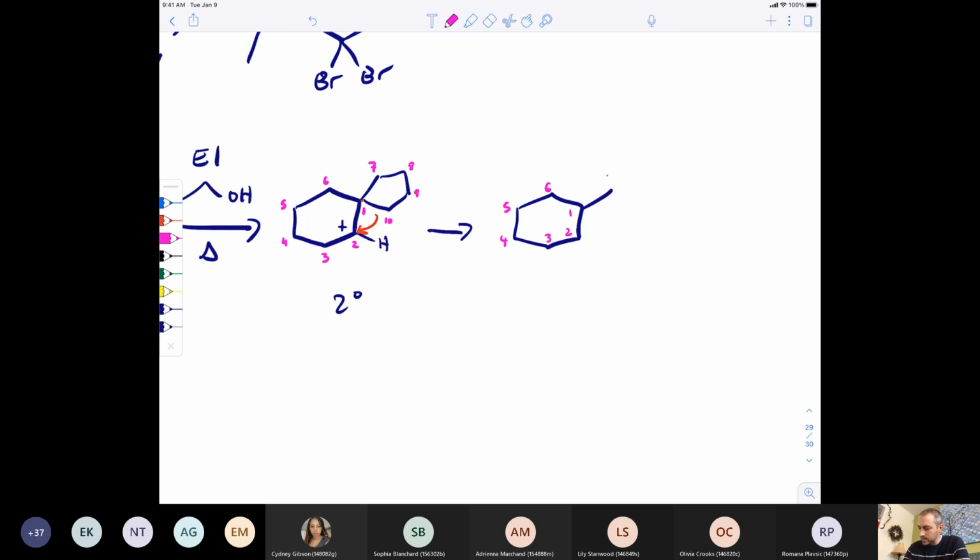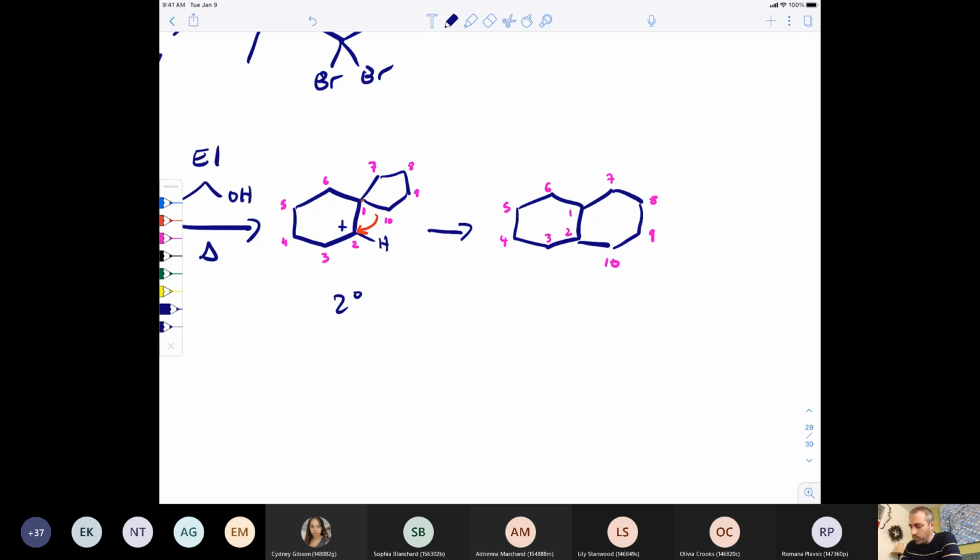So we can put the 1,7 bond here, but we are breaking the 1,10 and we're making a 2,10. So we can put the 2,10 bond in, and then we just connect the 7 up to the 10. So we have 7, we have 8 and 9. 7, 8, 9, 10. Now it looks like we added a carbon, but we didn't. If you count them up, we have 10 in each case.